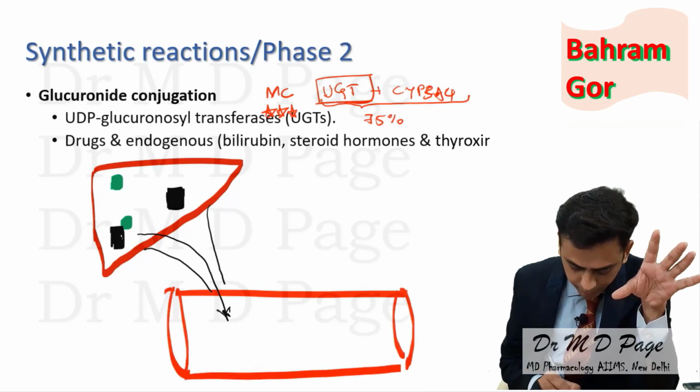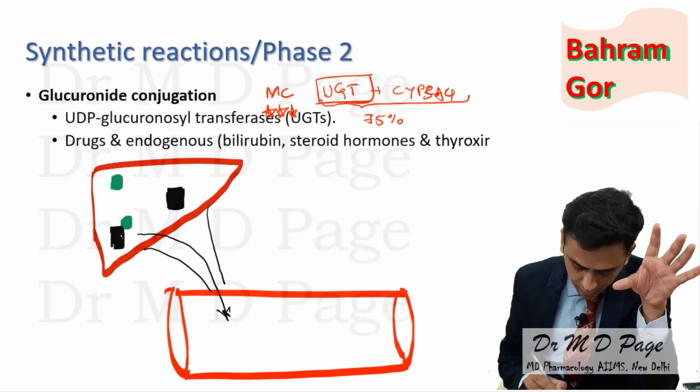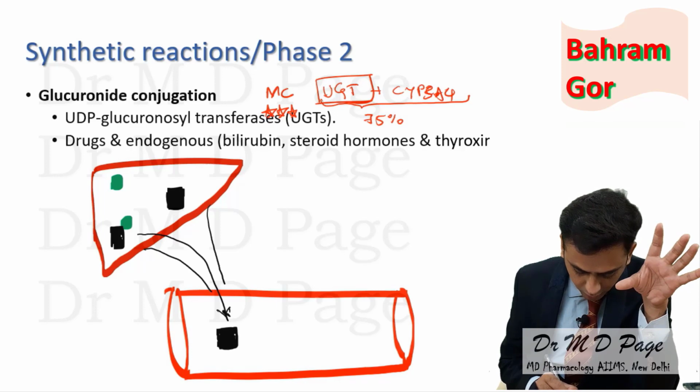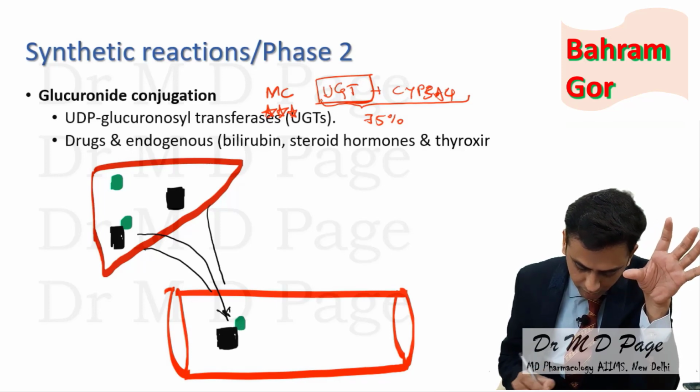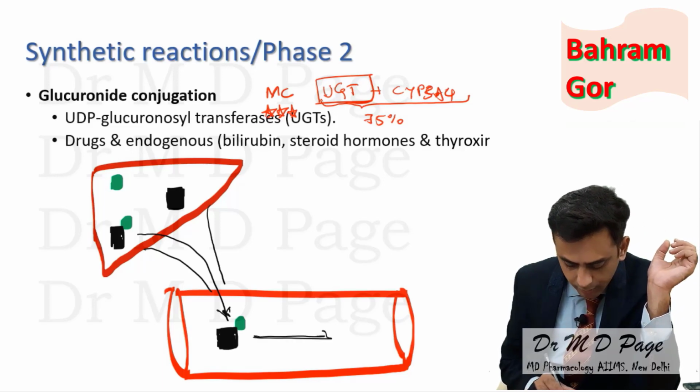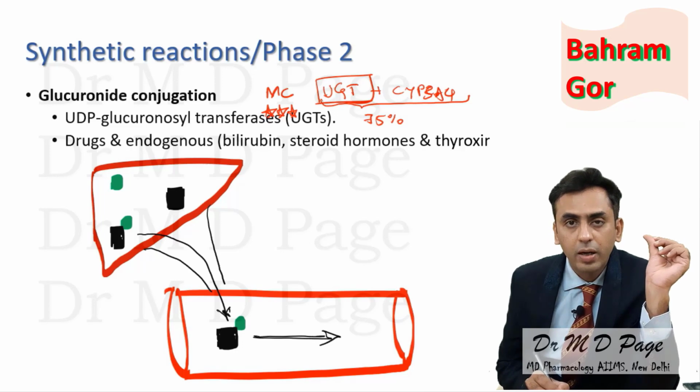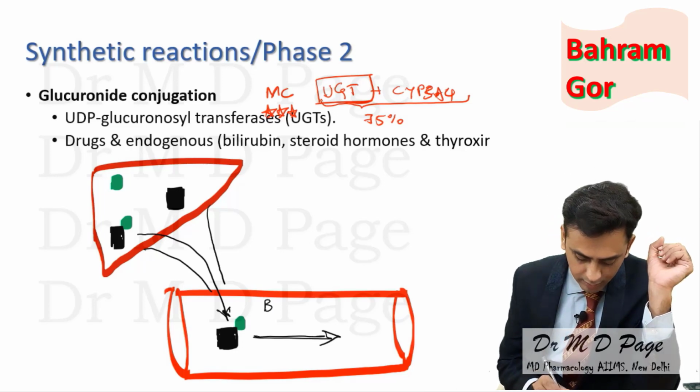In the intestine, what will happen? This drug which was glucuronide conjugated will be acted upon by bacteria. These bacteria will have the enzyme deconjugase.